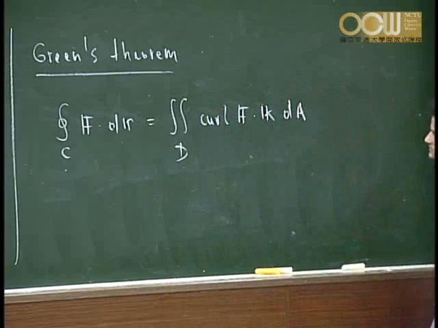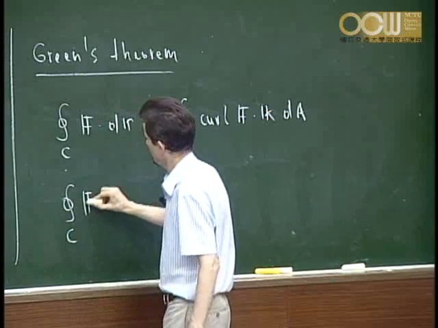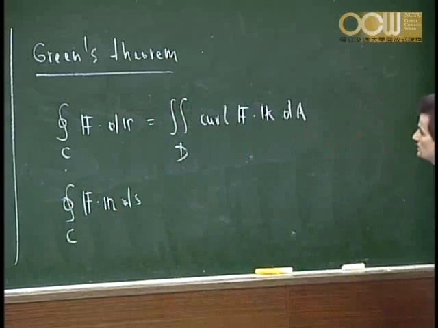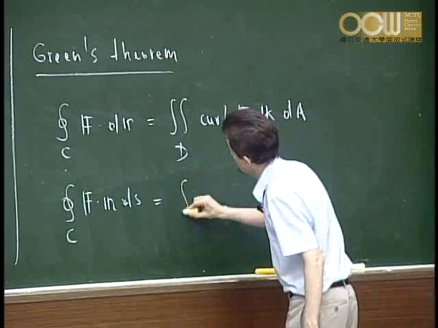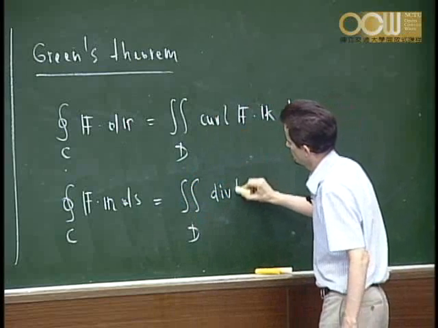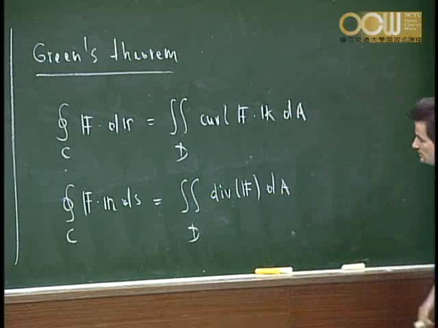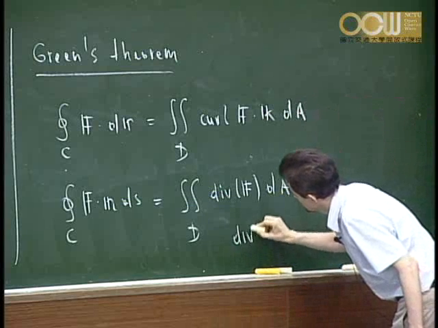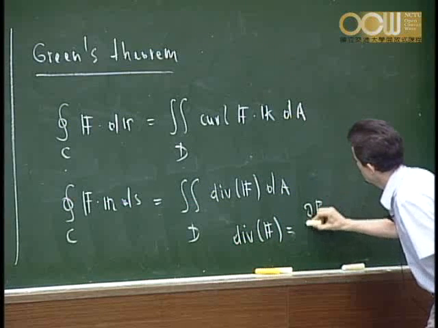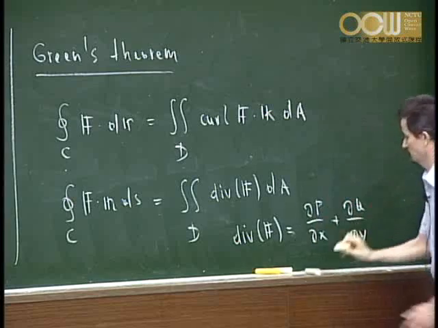So this was one version. Another version was that the line integral over C of F times n ds is equal to, and again you have the double integral over D, but now you have the divergence of F dA, where the divergence is the derivative of P with respect to x plus the derivative of Q with respect to y.